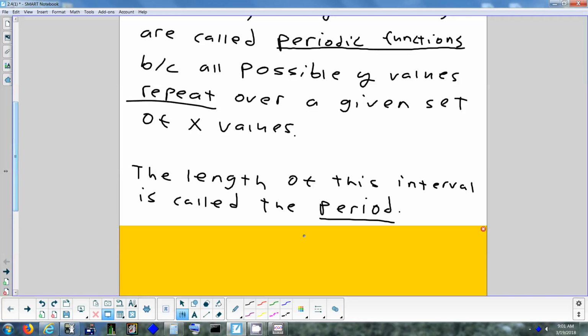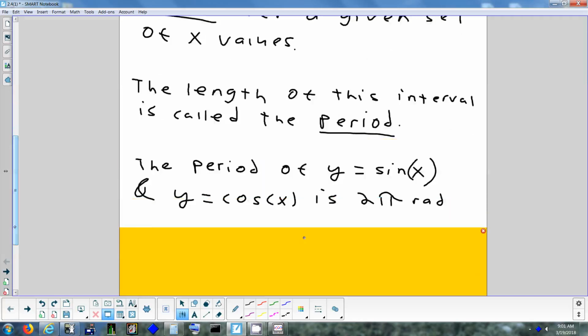So what that means is if you can sketch one cycle of this graph, then you know what it looks like forever. You just have to copy and paste that one section that you sketched over and over. For sine and cosine, the length of the cycle, if you don't do anything to it, is measured in degrees or radians, and it's 2 pi.